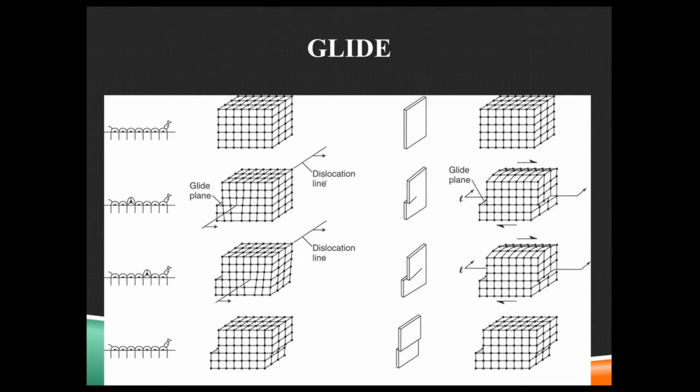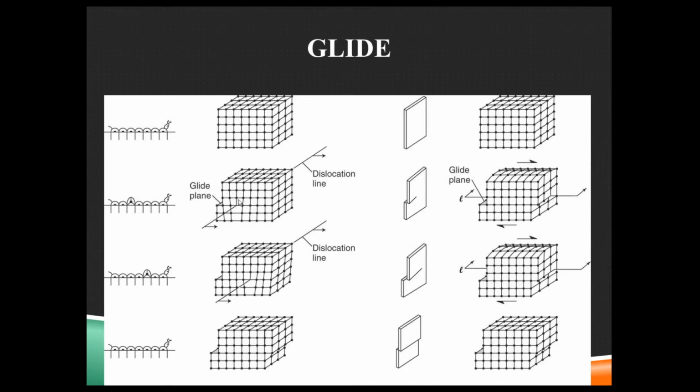It can either glide as a whole, where on the right hand side here, the top half, the front edge of it, moves over completely all at once, and then consecutively each row behind it moves over.